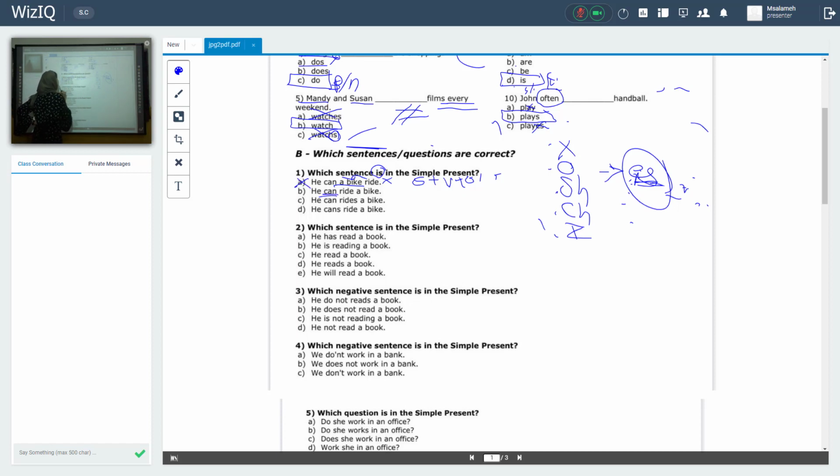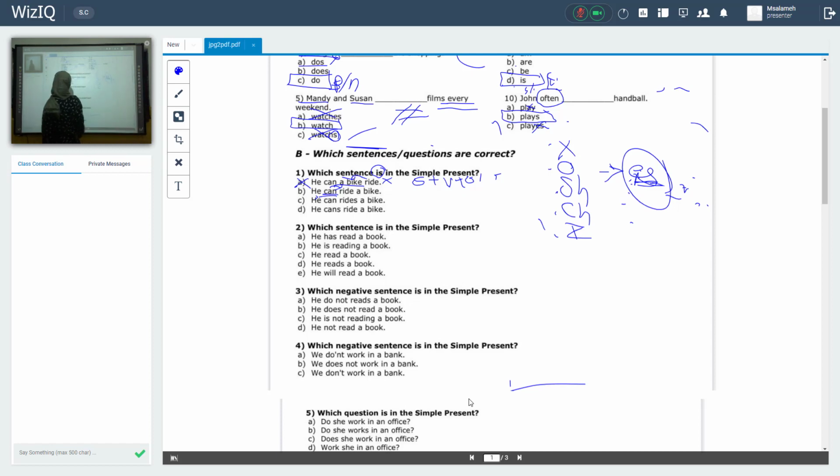Can is a modal verb, and a modal verb is followed by an infinitive verb. We have a singular subject, but we also have a modal verb. So he cans is wrong, because we never add s to the modal verb. He can ride, can followed by an infinitive verb. So the right answer is B. He can ride a bike.